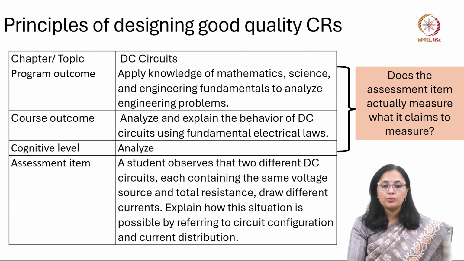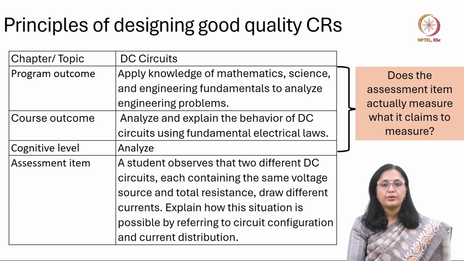Similarly, the content domain is the behavior of DC circuits and also fundamental electrical laws, which is the condition of the course outcome. All of that is getting very well assessed in this particular assessment item, because in the first part the student is analyzing, while in the second part of the question the student is also able to explain.